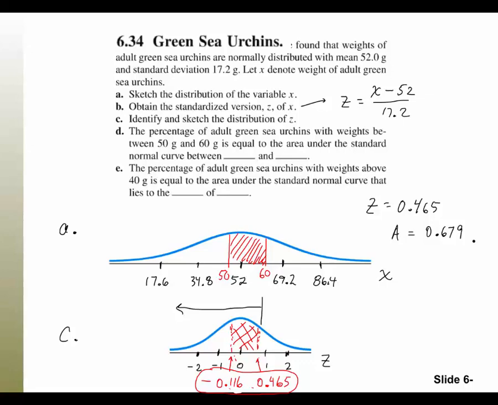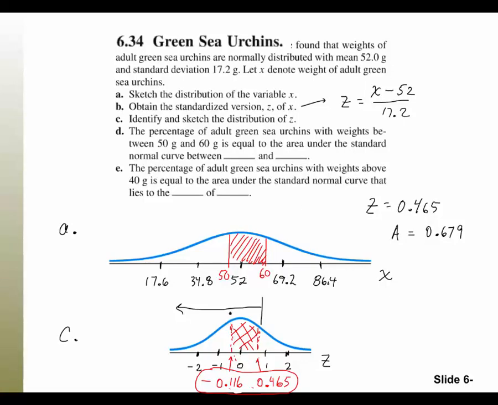Does that make sense? So, the relative frequency of urchins that are less than 60 grams is going to be the same as the area under the standard normal curve below 0.465, which we just found from the table to be 0.679, or 67.9%. But now we want between 50 and 60, so what do we have to do?